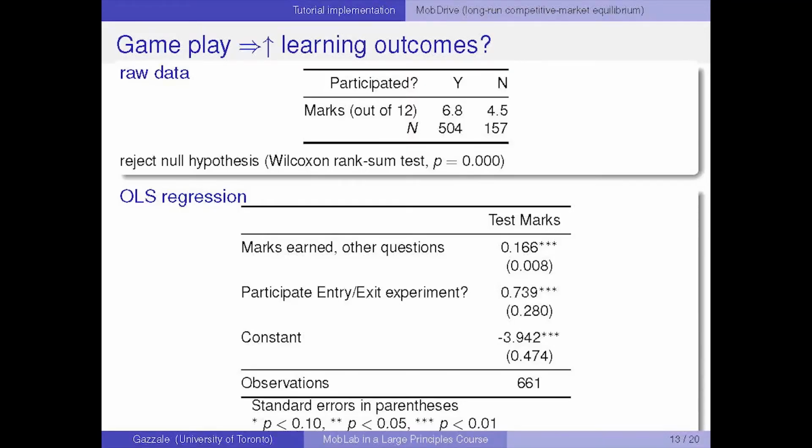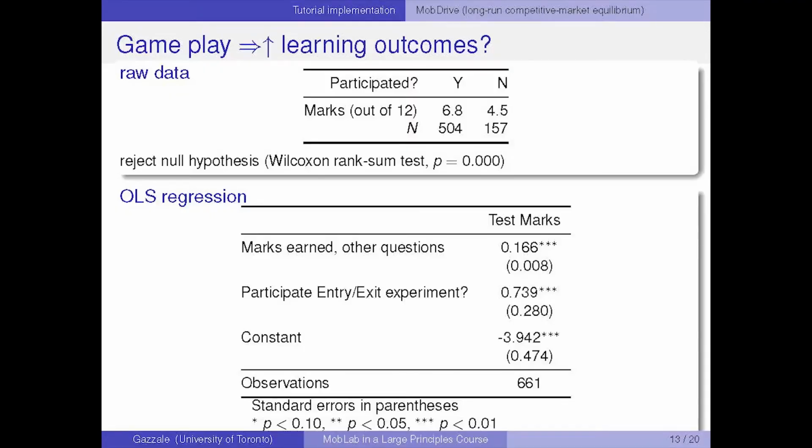Unsurprisingly, people who participated in the tutorial did a lot better on this question than people who didn't participate in this tutorial. And your first thought should be selection. People who show up at tutorials are different. And I agree. So what I've done is I then run a regression where I control for the marks earned on other questions.